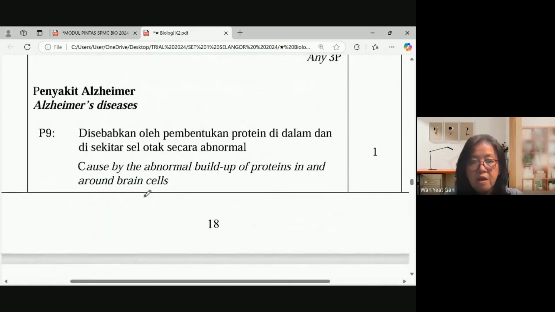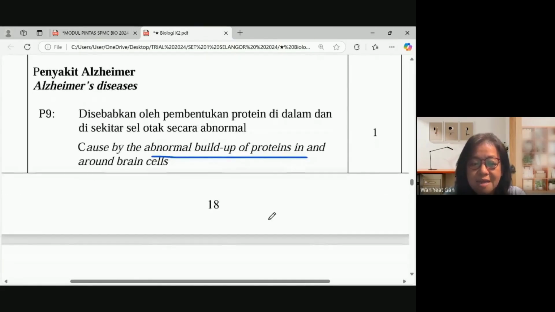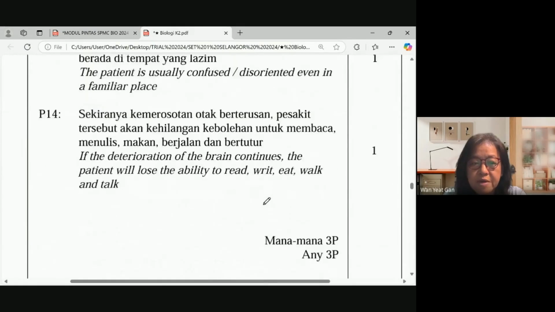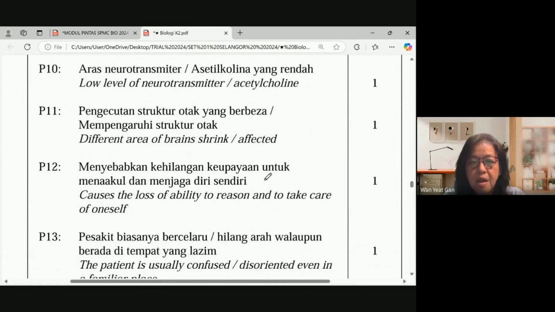Let's look at Alzheimer. Alzheimer is caused by an abnormal buildup of protein in and around the brain, and the level of neurotransmitter is also low. Similar to Parkinson, that means the transmission of impulses will become less.